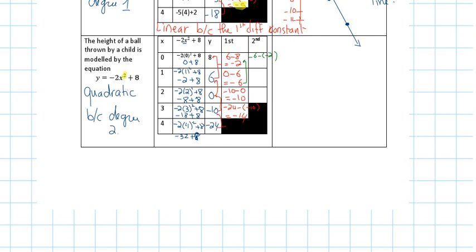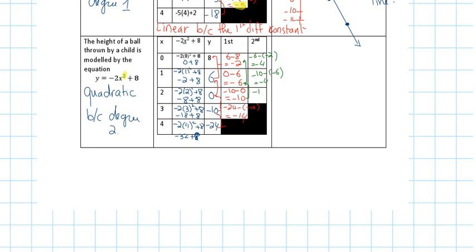I'm using my first difference to find my second difference. So negative 6 plus 2 is negative 4. Then negative 10, take away negative 6, that is negative 4. Then negative 14, take away negative 10, that's also negative 4.